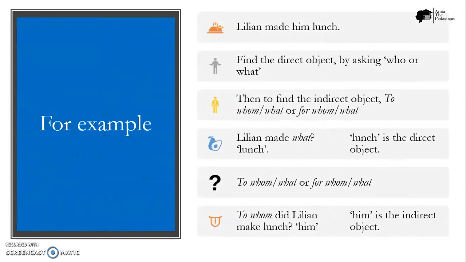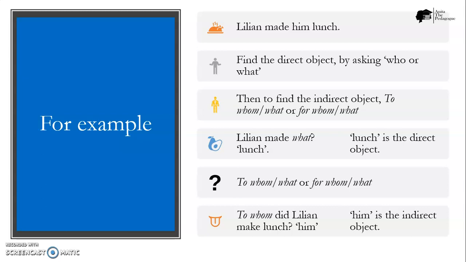Let's take an example. Lillian made him lunch. Let's find the direct object by asking who or what. Then to find the indirect objects, we ask to whom or what, or for whom or what. Lillian made what? Lunch.